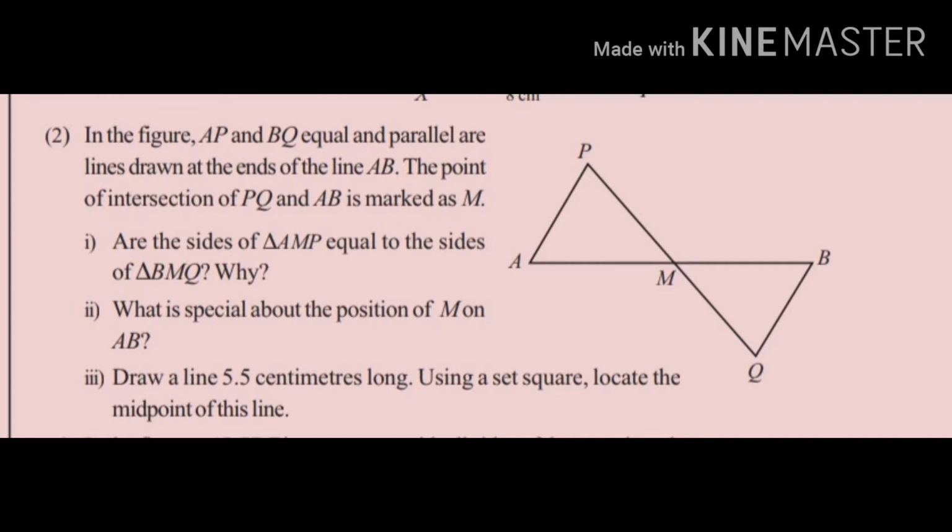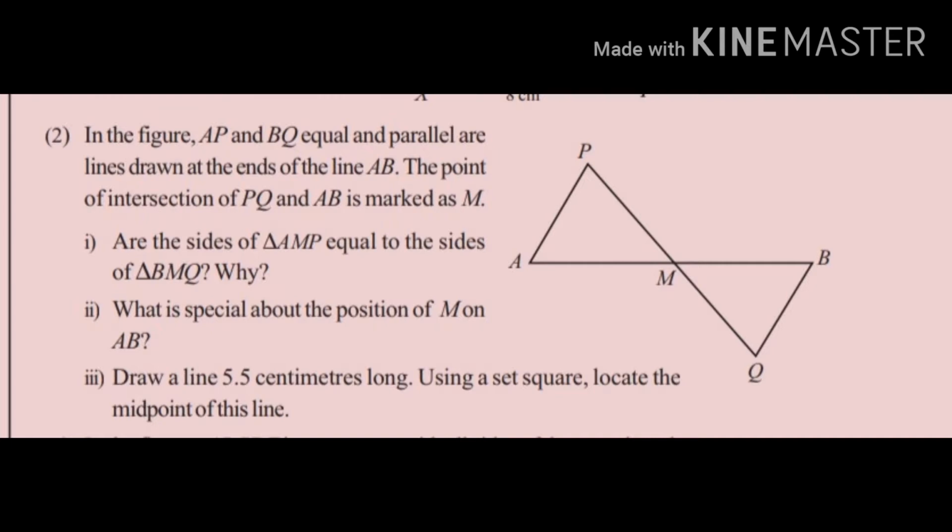The point of intersection of PQ and AB is marked as M. First sub question: are the sides of triangle AMP equal to the sides of triangle BMQ? Why? Second sub question: what is special about the position of M on AB? Third sub question: draw a line 5.5 cm long using a set square. Locate the midpoint of this line.